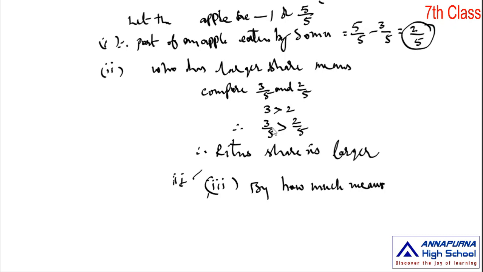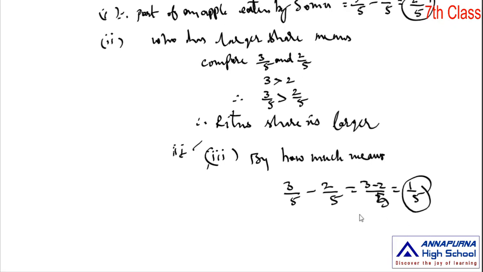So 3 by 5 minus 2 by 5, which is equal to difference of like fractions, difference of numerators by common denominator. 3 minus 2, 3 and 2 are the numerators, and the denominator is 5. So which is equal to 1 by 5. By how much means 1 by 5 part more was taken by Ritu.